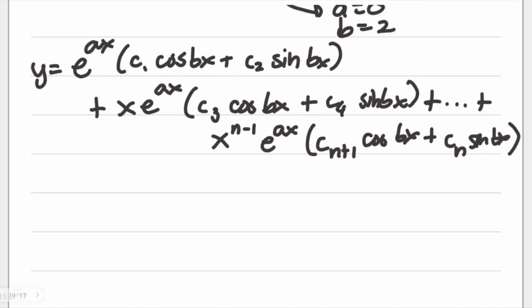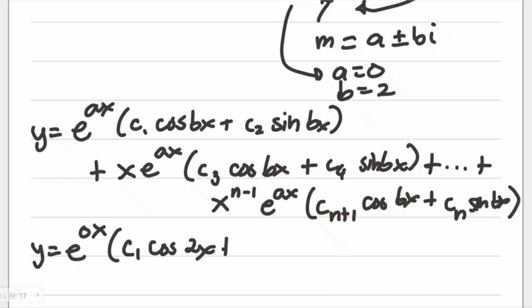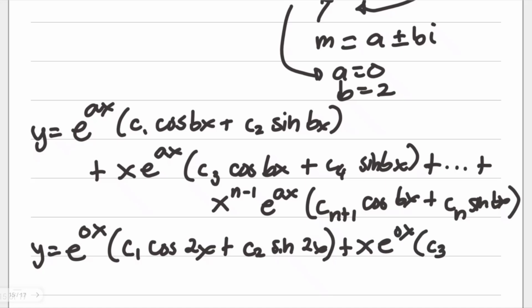So for our solution now, take our a and b. You have e to the power of 0x times c sub 1 cosine of 2x plus c sub 2 sine of 2x. And it was repeated, so plus x e to the power of 0x times c sub 3 cosine of 2x plus c sub 4 sine of 2x.